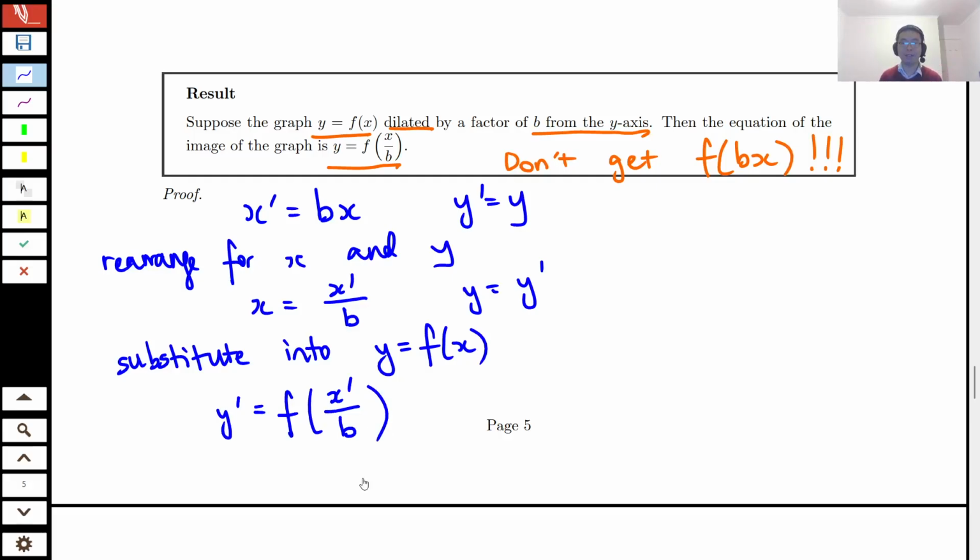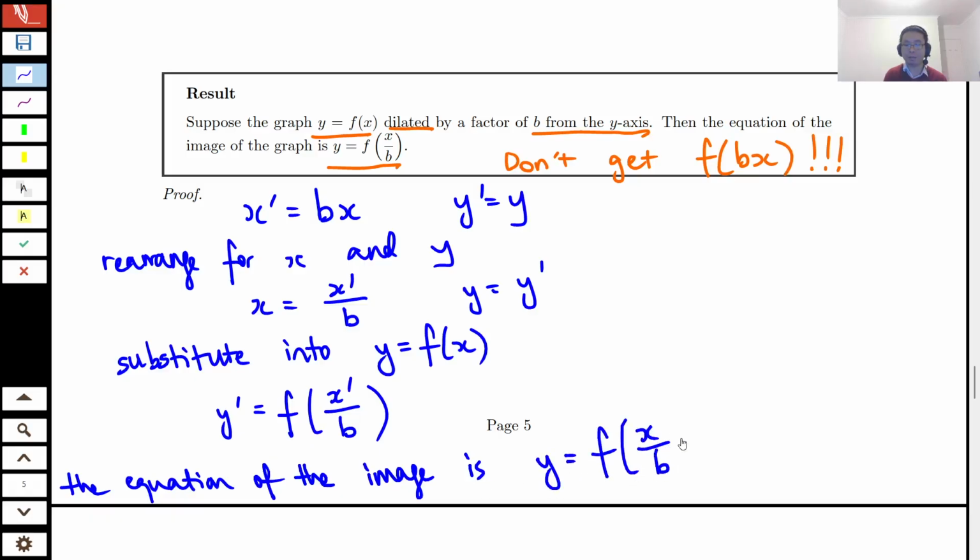And you see what happened here? If I drop the dashes, the equation of the image is y equals f of x divided by b. So x over b, not b times x, if you dilate by a factor of b from the y-axis.